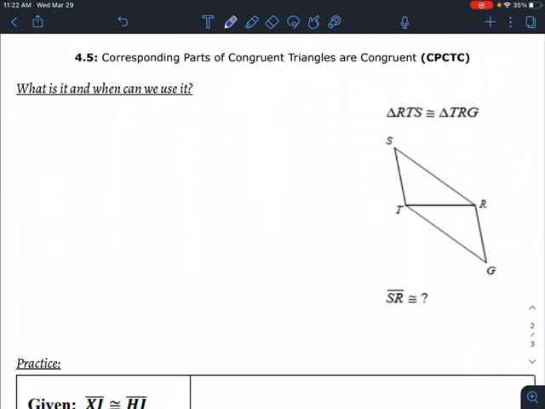The last main thing is that corresponding parts of congruent triangles are congruent. Where and when can we use it?